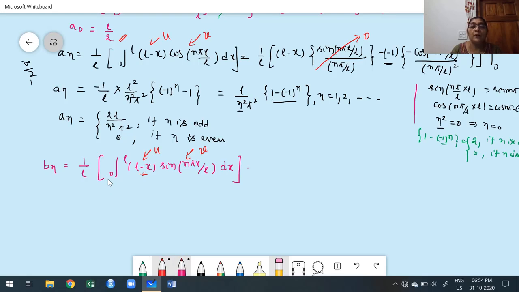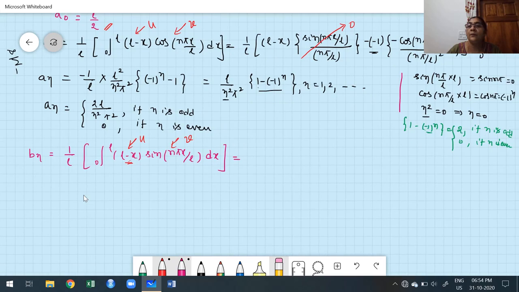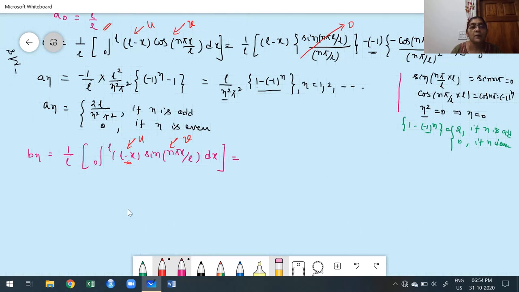Now from the UV rule, what do we get here? 1 by L of L minus x into the integration of sine, which is minus cos of n pi x by L divided by the coefficient of x, which is n pi by L, minus the derivative of L minus x, which is minus 1.